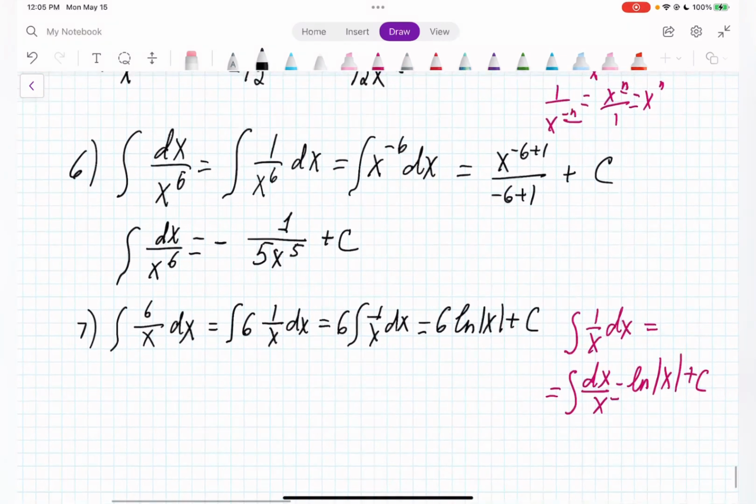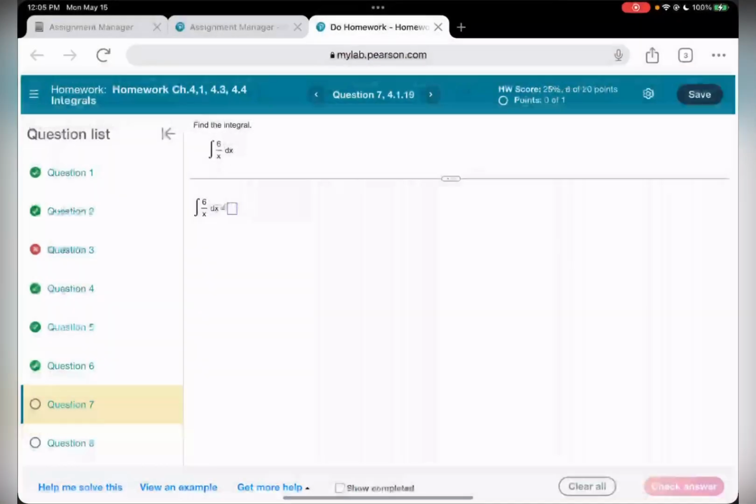Okay? All right, let's place the answer and see how we did. 6 natural logarithm x.